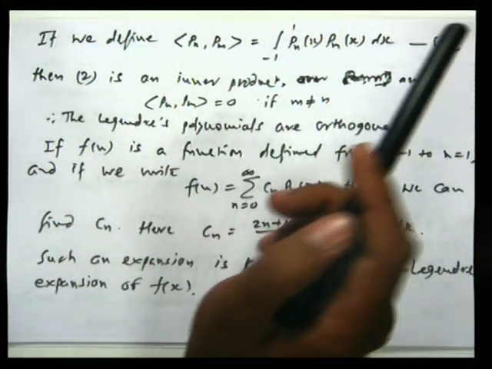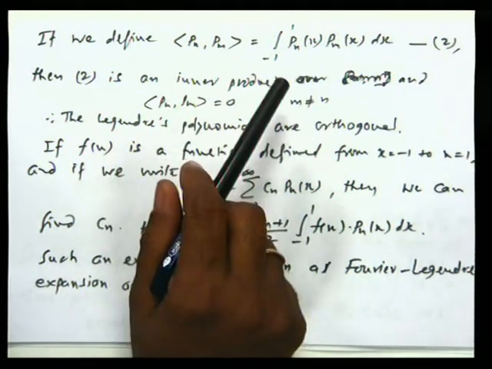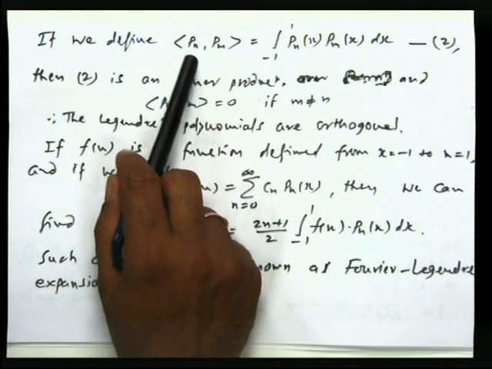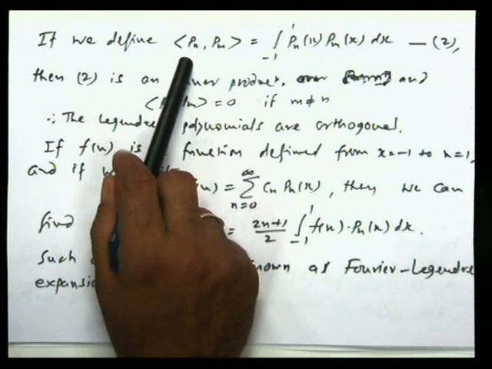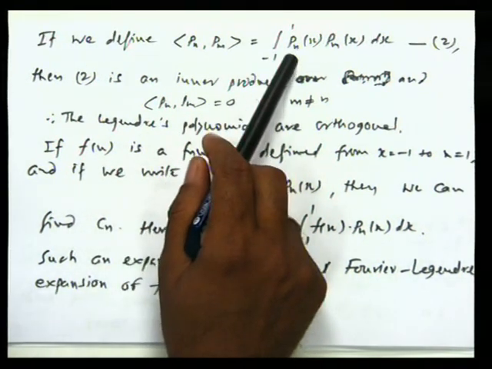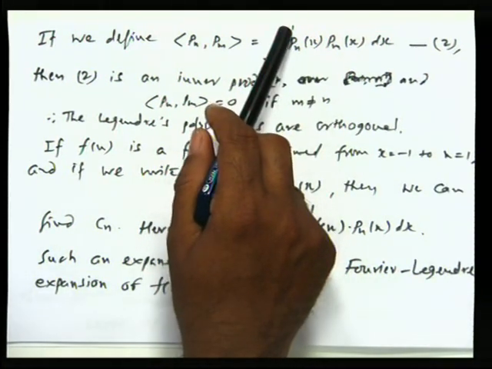Now suppose we take the collection of all polynomials over the interval minus 1 to 1, and define an inner product on that collection as the inner product of Pn and Pm equal to the integration of the product of Pn and Pm from minus 1 to 1.